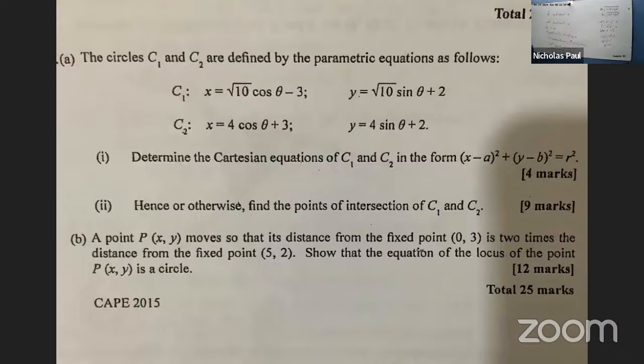There are two circles. How do I get the Cartesian equation from the parametric, Shivish? How do I get the Cartesian for this one and for this one? How do I go from parametric to Cartesian?